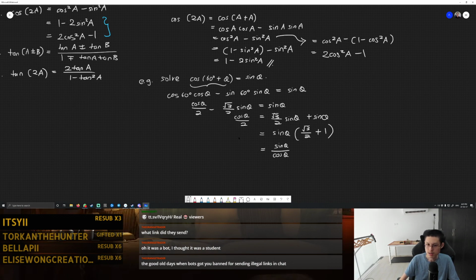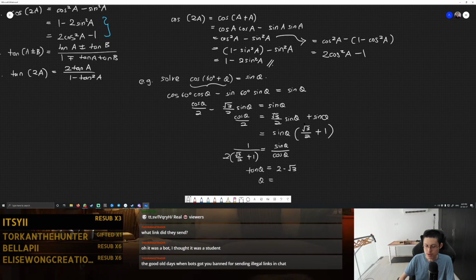So we're going to get, let's see, this is 1 over 2. So this would be 1 over 2 times (root 3 over 2 plus 1). There we go. So we get tangent theta equals this thing, whatever that is. So (root 3 over 2 plus 1) times 2, 1 divided by that gives me 2 minus root 3.